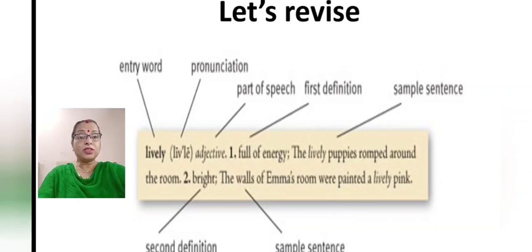The second definition is bright. So here: the walls of Emma's room were painted a lively pink. That means the meaning of the word lively here is bright. So bright pink. So the word lively has two meanings. One is full of energy and another is bright.